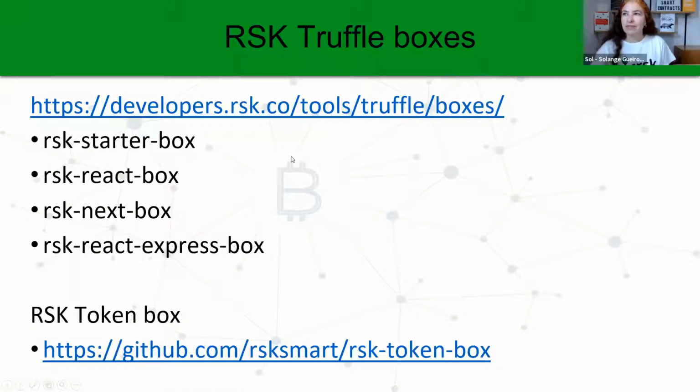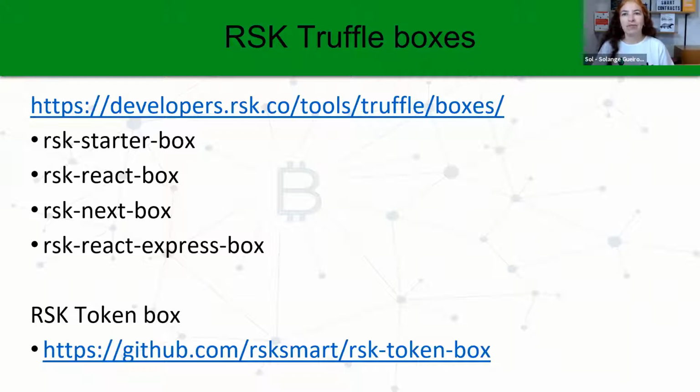We have some truffle boxes. The starter box has only a smart contract, and we don't have a front end, only the truffle structure. And we have three more truffle boxes with different kinds of frontends.